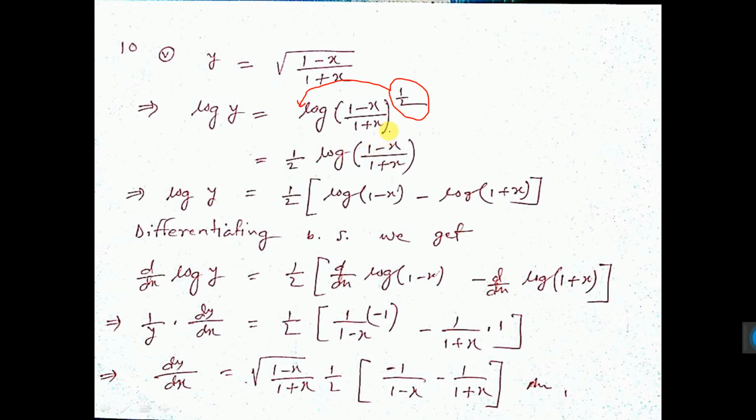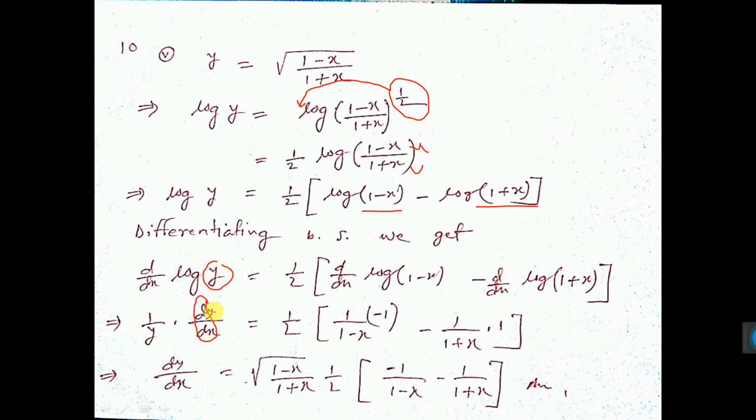Then log u by v formula you apply, that is log u minus log v, because this one I consider u and this one v. Then if you differentiate, log y differentiation is 1 by y, this y you consider x, then log x is 1 by x, again d/dx of the considered one, d/dx of the considered one means y.